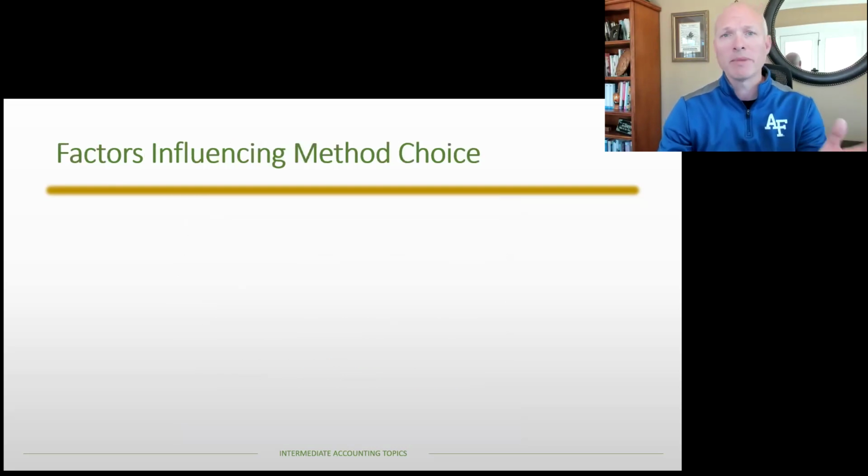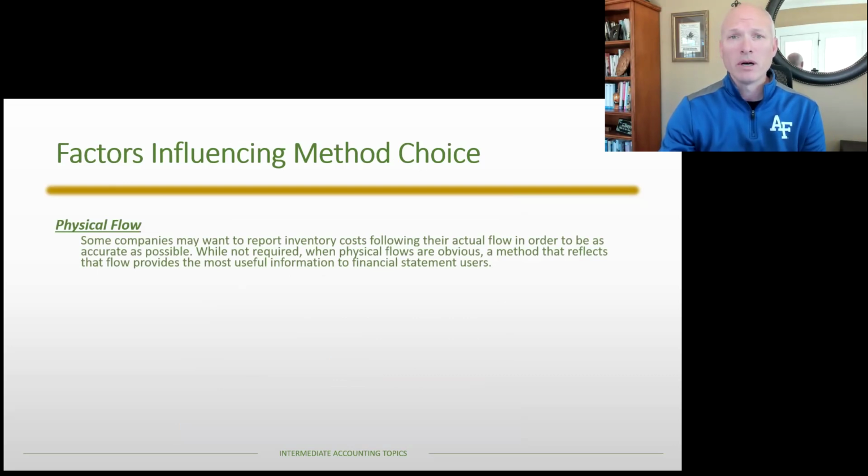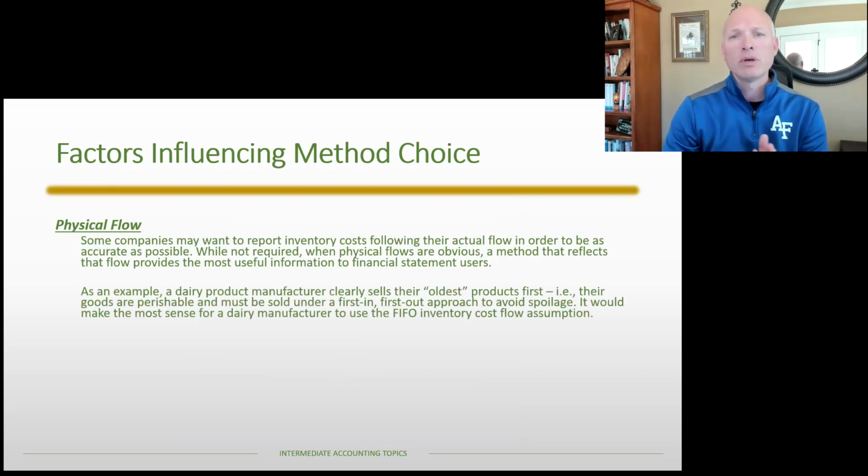And so what are the things that might determine whether you use average cost, FIFO, LIFO, whatever it is? A big one, honestly, is physical flow. We used the dairy example in class. We also talked a little bit about grocery stores and restaurants, things where there's spoilage.